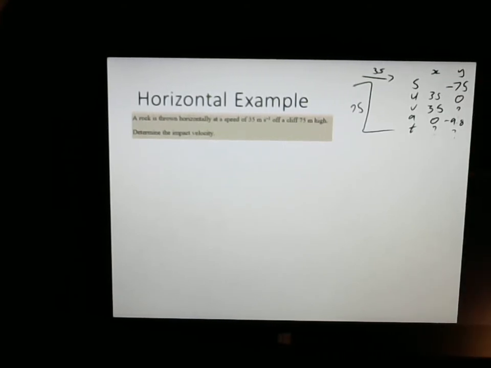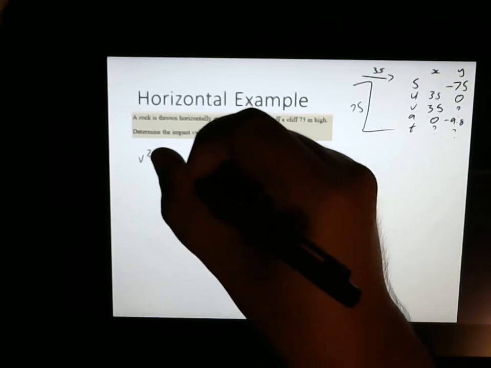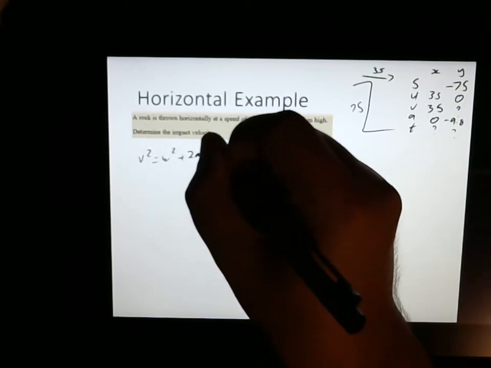Okay, so let's start off with looking at the Y components, because we're going to need to know the time to bring it over here, and we're going to need to know the V because we need the impact velocity. We have S, we have U, and we have A. So we know that V squared equals U squared plus 2AS.